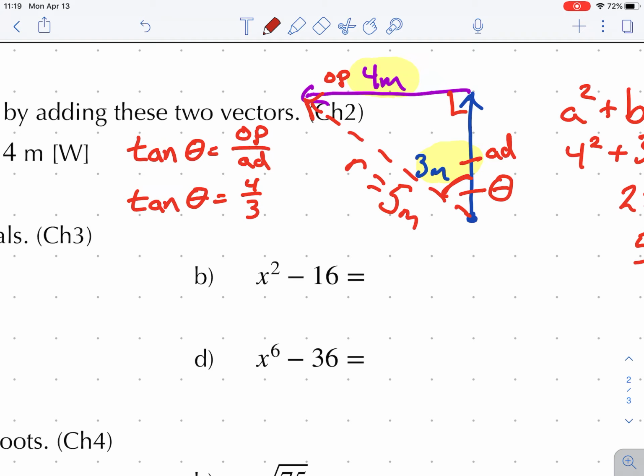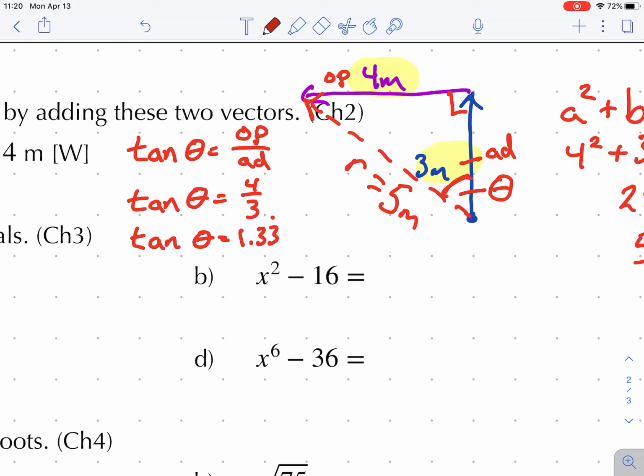Now, 4 over 3 is just a number. And I believe it's 1.333333. So tangent for our angle is equal to 1.33, repeating 3. Now to figure out the size of the angle, I do the inverse tangent function on this number.